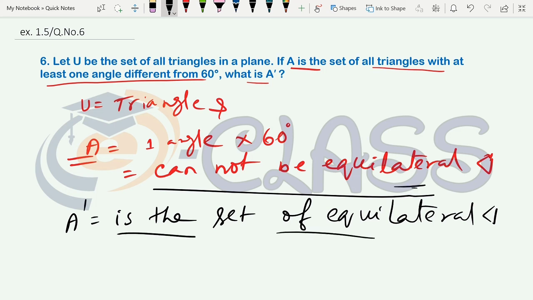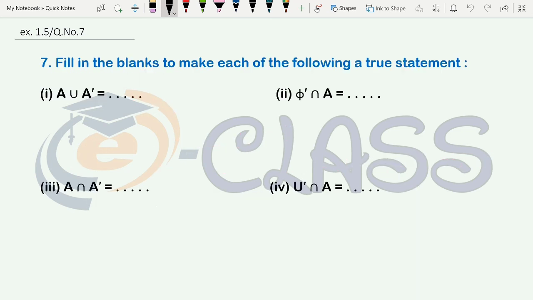Now question number 7, the last question. A union A prime, or A union A complement, equals U, that is the universal set.